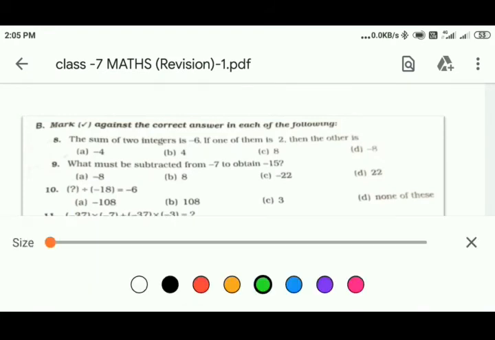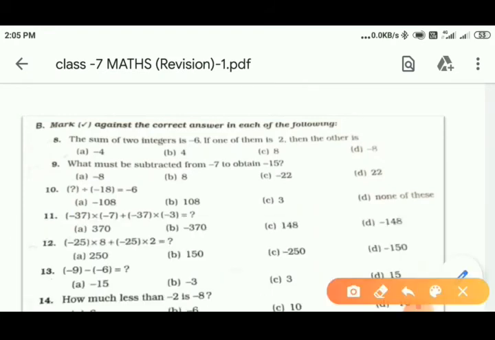So remember, whenever the sum of two integers is given and one of the integers is given, for finding the other you need to subtract. From the sum you have to subtract the one integer. So negative 6, we need to subtract 2. So what will we get? Negative 8. In this manner the other integer will be minus 8.